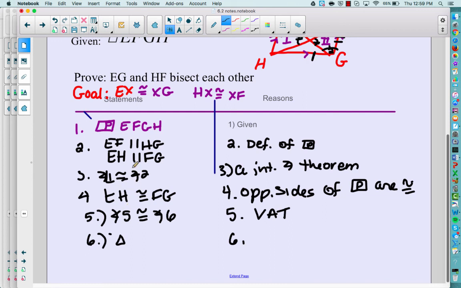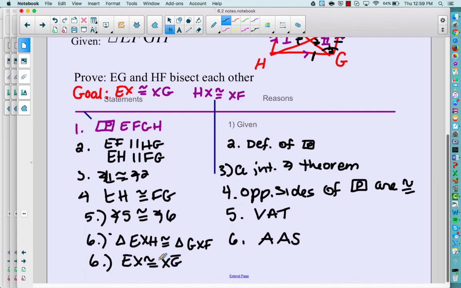Triangle EXH is congruent to triangle GXF, right? Because of angle, angle, side. And so then that gives me that EX is congruent to XG and HX is congruent to XF. I reached my goal. Oops, that's step 7.